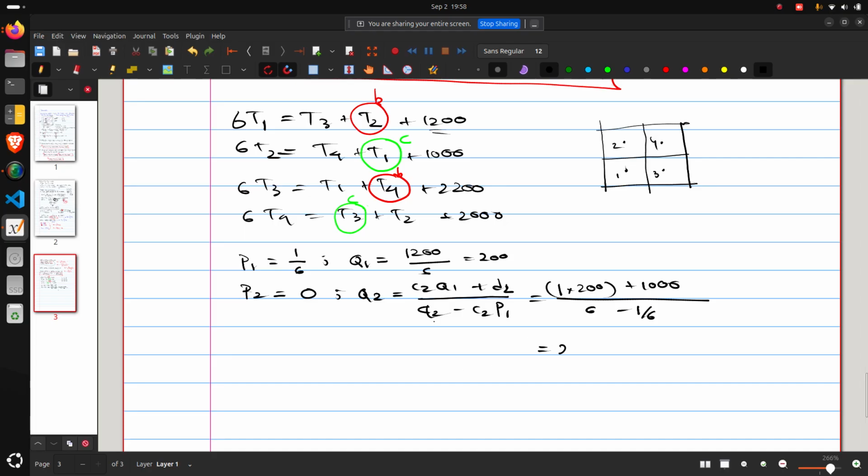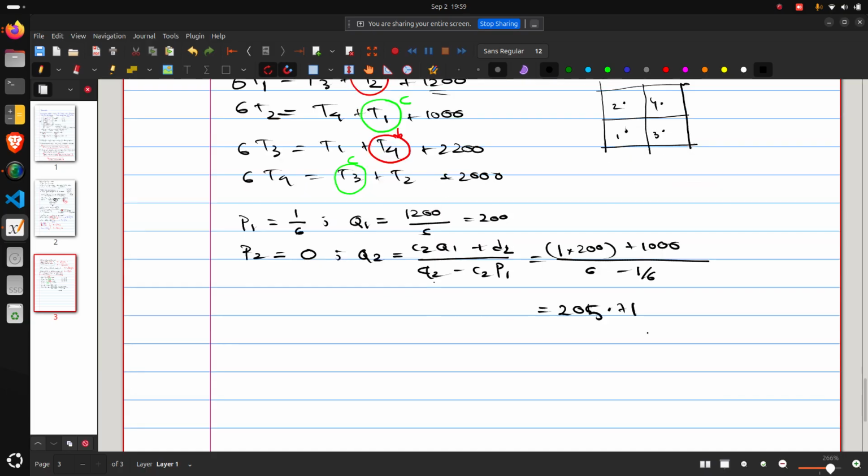So it came out to be some 205.71, right? And as we know, T2 is nothing but Q2, right?